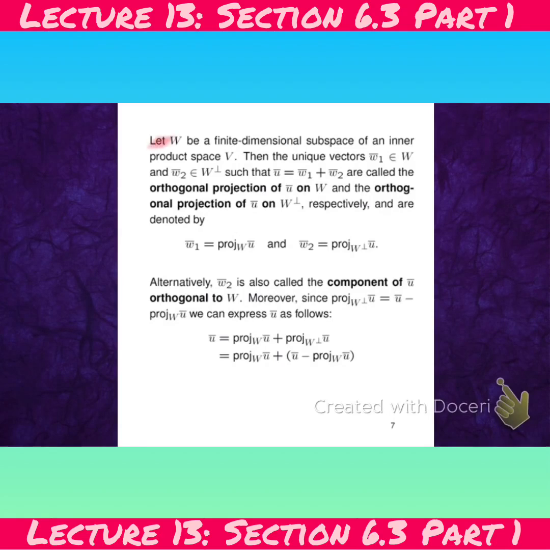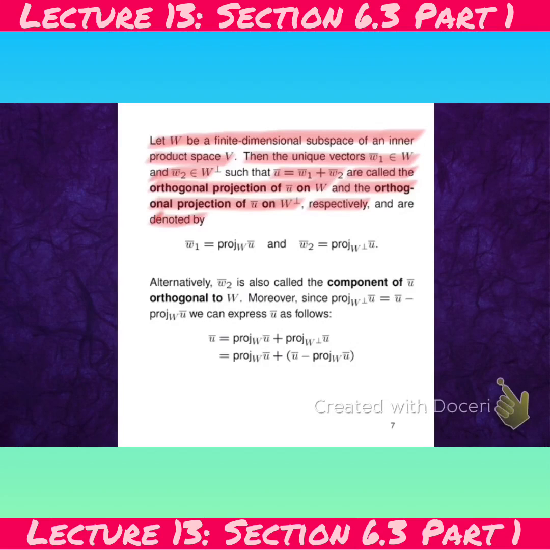Okay, so again, if W is a finite dimensional subspace of an inner product space V, then the unique vectors W1 and W2, such that U is W1 plus W2, are called the orthogonal projection of U on W and the orthogonal projection of U on the orthogonal complement of W, respectively.